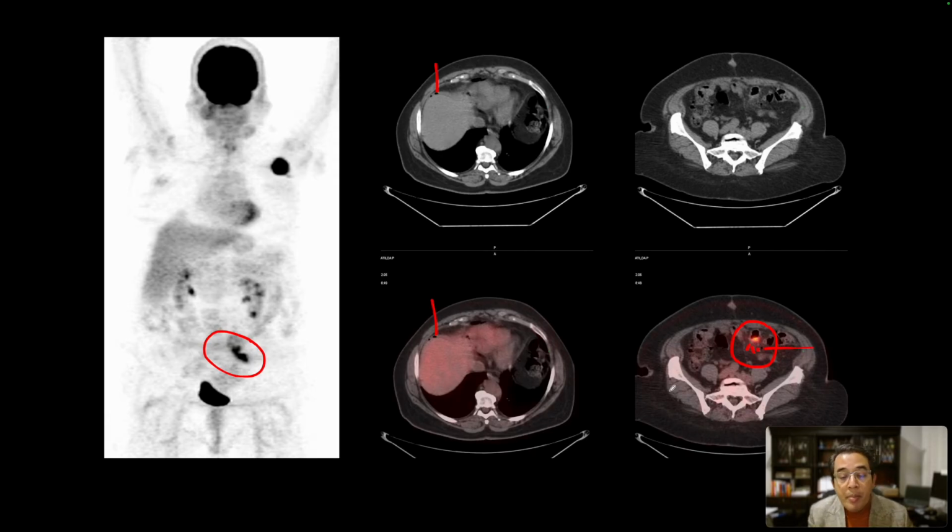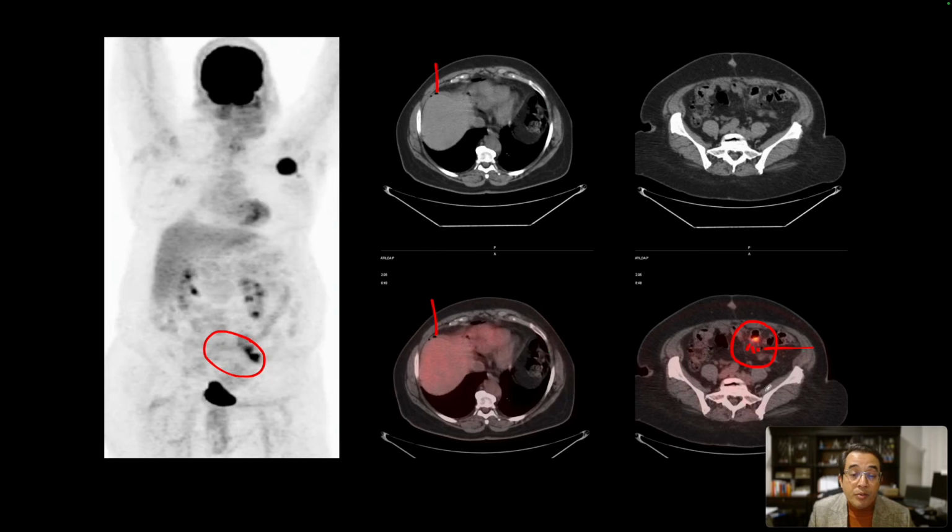So this patient had an outpatient FDG PET CT for restaging of their breast cancer, and at that time they had a complication of diverticulitis seen as perforation on our images. So be aware that sometimes you can have urgent or emergent findings that can be seen, and they need to be picked up and conveyed to the referring physician.